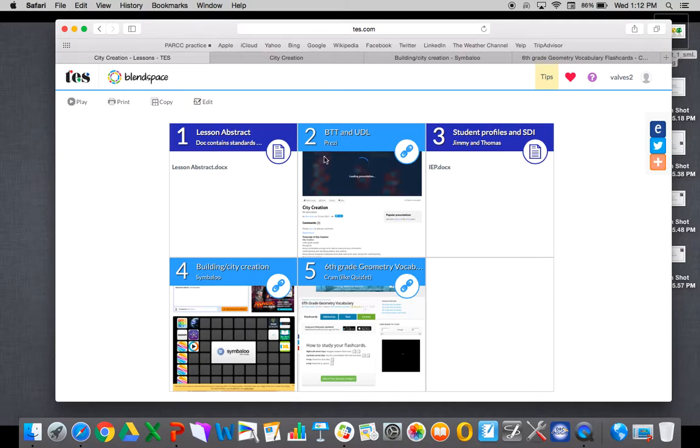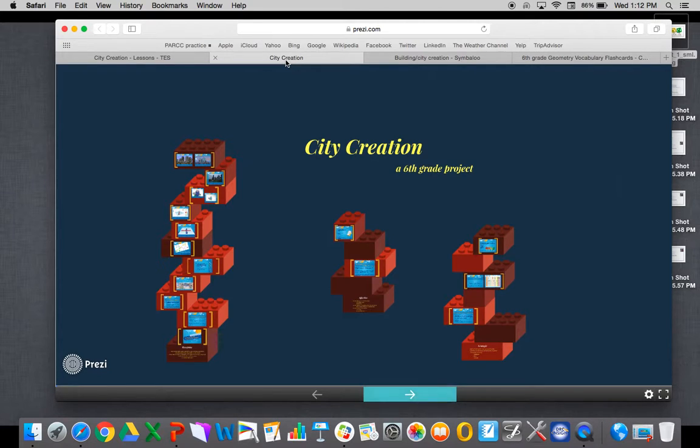The second thing that I have on here is a quick Prezi that I have created that talks about the instructional and assessment strategies aligned to the principles of universal design for learning, and Hardiman's 6 brain targets.